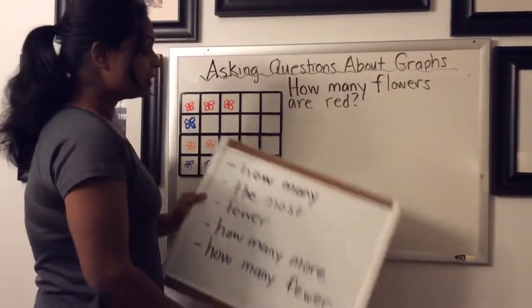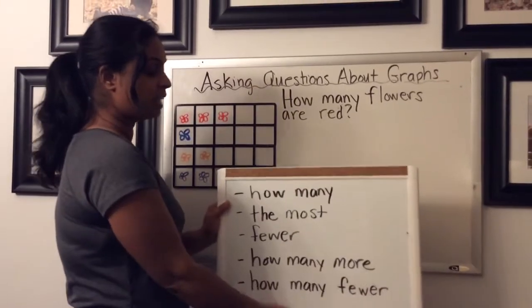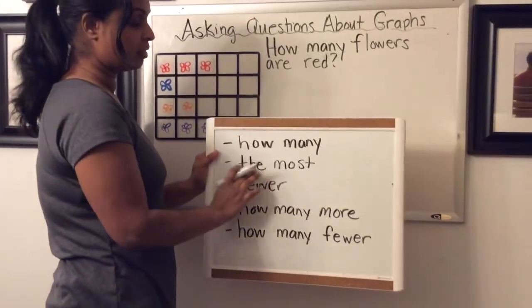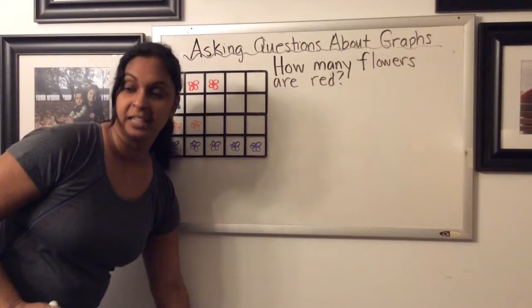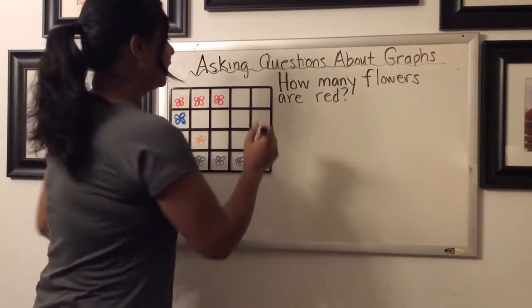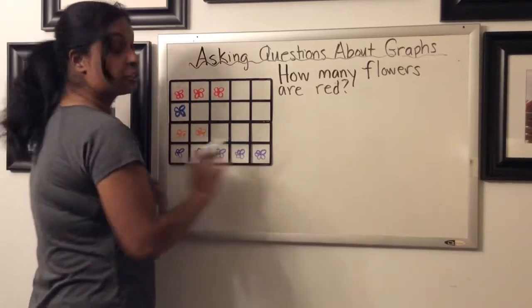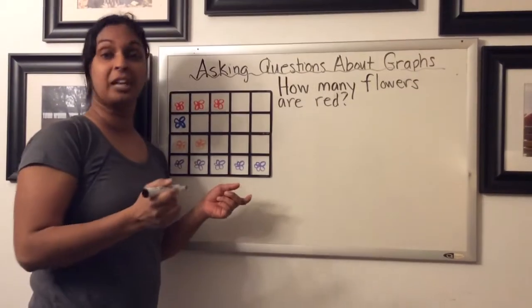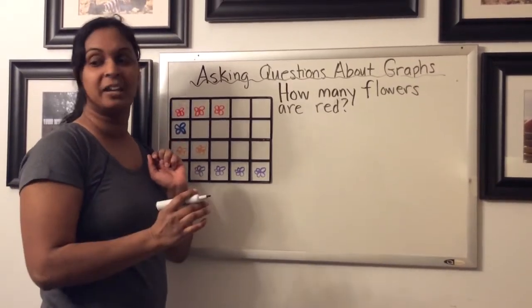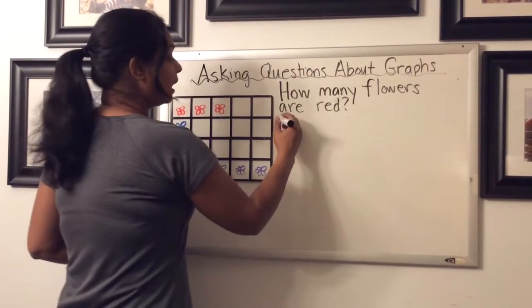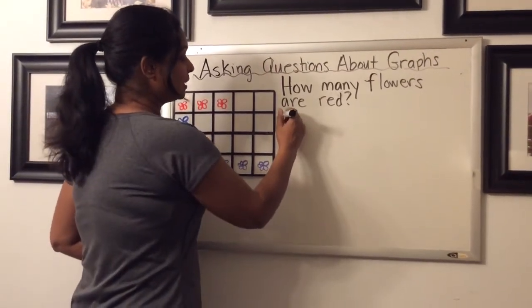All right, now the next words that they want you to use are the most. All right, so what you're looking for, and I bet you already know the answer is going to be purple because you're looking for the most. Now, how do we word that in a question? So I would word that like this.